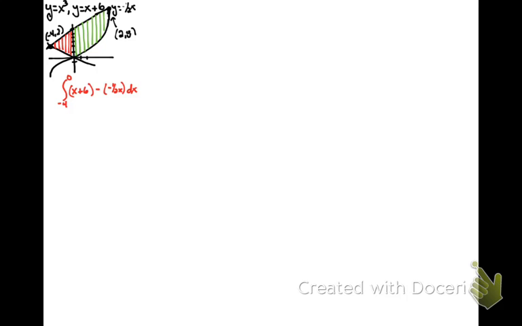See if you can come up with the area in green. Hopefully you paused it and were able to.